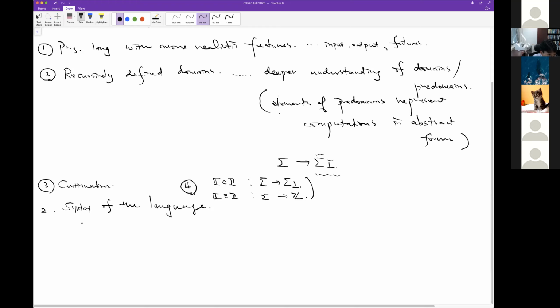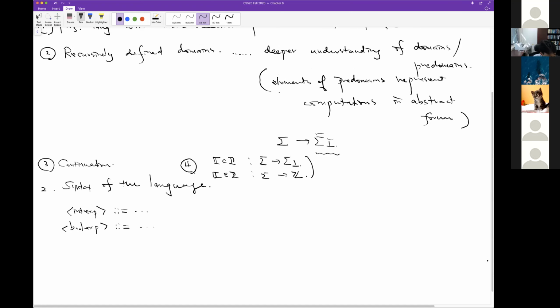Okay, what's the syntax of the language that we're going to consider? Integer expressions and Boolean expressions are going to be the same as before. But for commands, we will have a bit more. We have the same things as before.